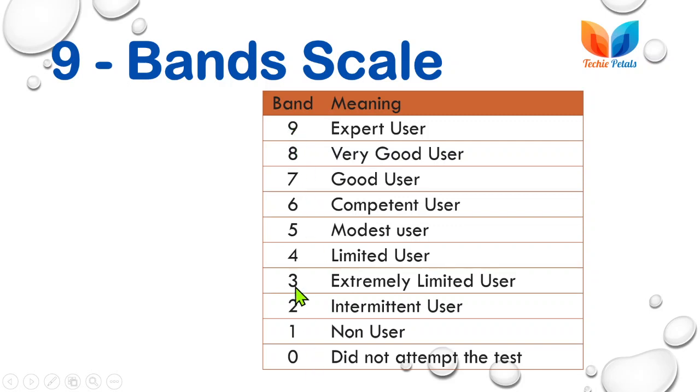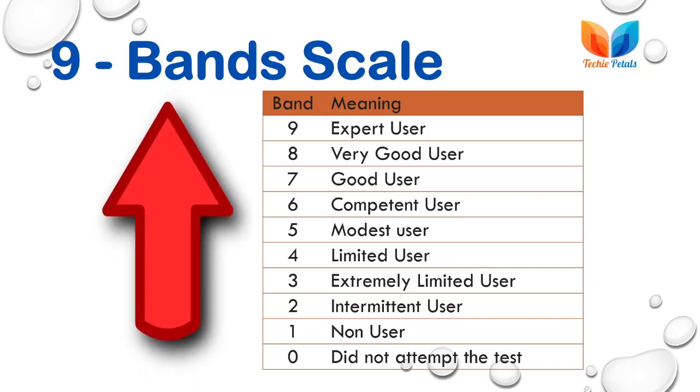Otherwise the band starts from 1 for a non-user. Next, a modest user will be getting 5, competent 6, likewise. So bands are moving up from 1 to 9 for any candidate depending on his or her capability or expertise with the English language.